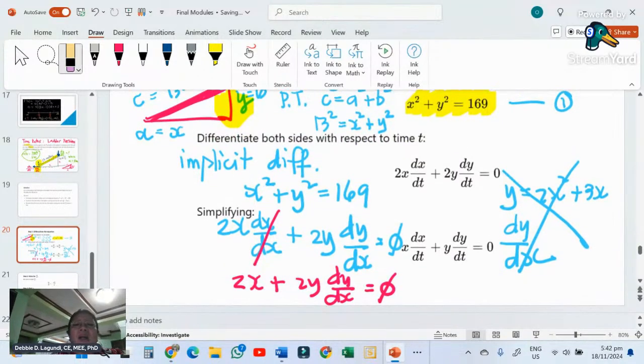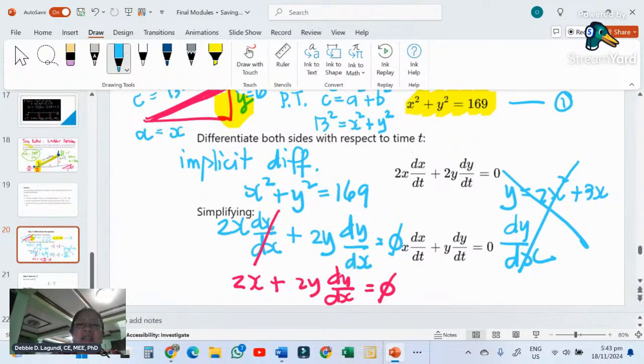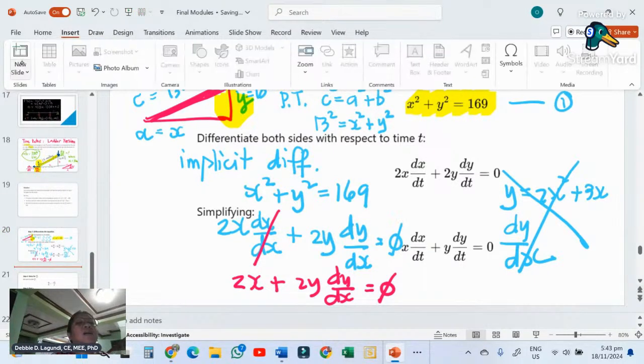Now, that is in terms of x, correct? Now, because we are going to do a dy over dt, then we can change your dy over dx to dy over dt. Okay, so let's go to the next one.